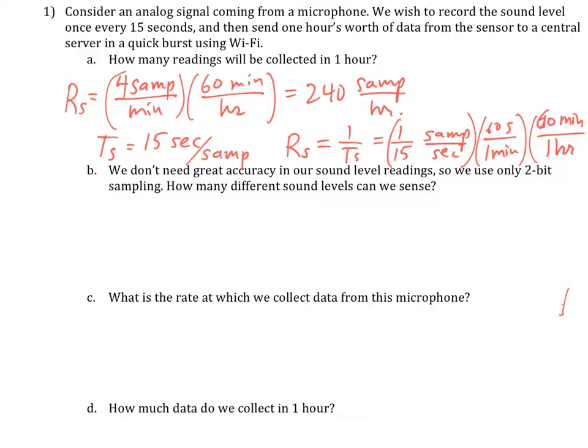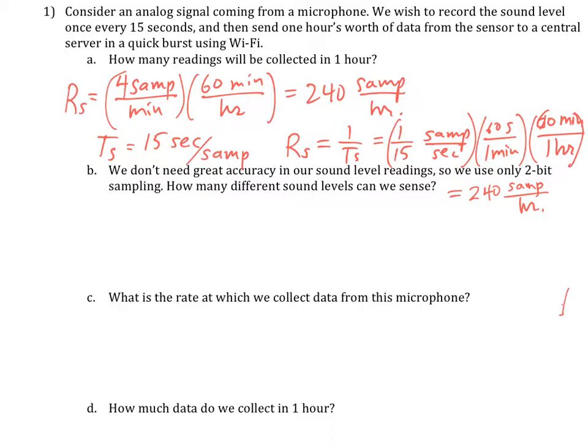So 4 times 60 yields the same result in the units of samples per hour. So we can get that answer either of 2 ways, and I actually prefer the second way because I think it's less prone to errors if you're being very careful.